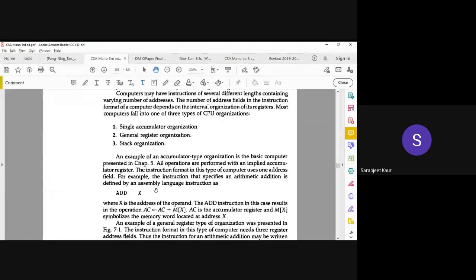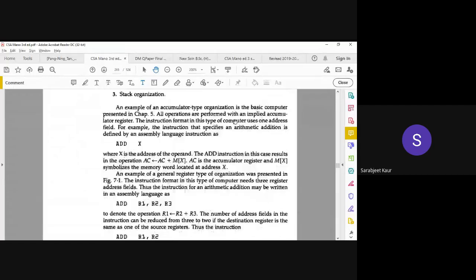Now, accordingly, the CPU organizations use different kinds of registers to carry out our instructions. For example, we have already seen the single accumulator organization. In the single accumulator organization, the accumulator is assumed for most of the operations.